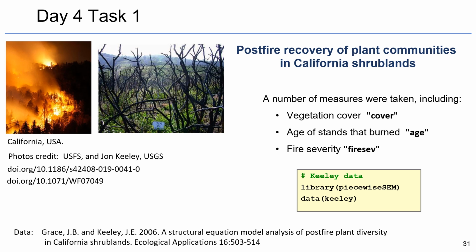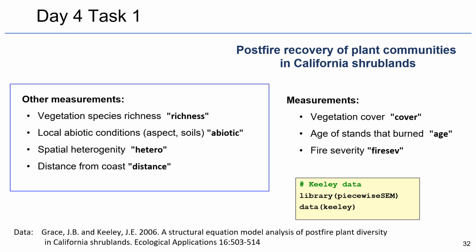The data are in the package piecewiseSEM. But in addition to these three variables, they measured the richness of vegetation, the number of species, the local abiotic conditions, meaning the properties of soil, the spatial heterogeneity of the plots, and the distance from the coast to the plots. If you check the data carefully, you will find all of these variables.